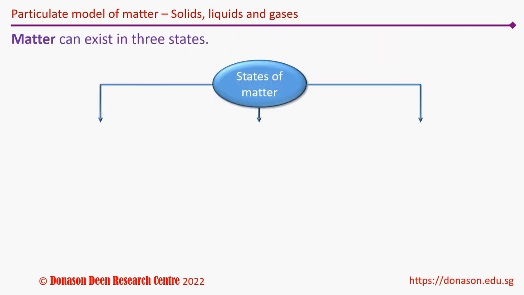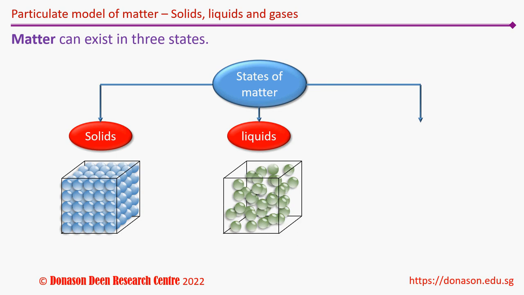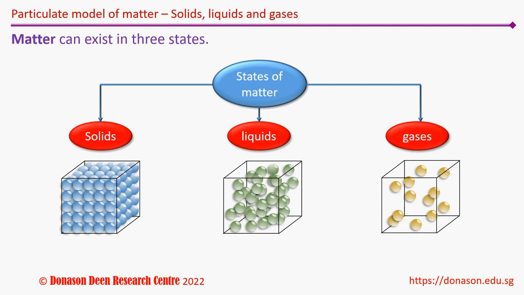So let's look at the three states of matter. Matter can exist in three states. It can exist as a solid, such as your ice cubes and most of the things that you can touch and feel. Liquids are like your water, your drinks, your beverages. They are able to pour quite easily.